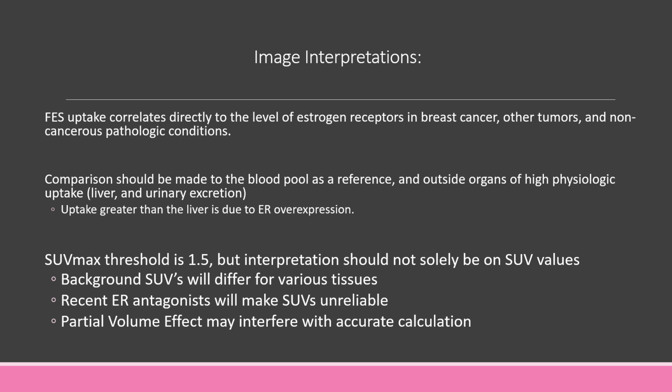Recent ER antagonists will make the SUVs unreliable, and the partial volume effect may interfere with the accurate calculation. So that's why it is recommended to stick to qualitative assessment and just use SUV as a helpful value in especially complicated cases. So low or absent FES uptake correlates with a lack of ER expression, and so FES PET can help identify patients with endocrine-resistant disease.